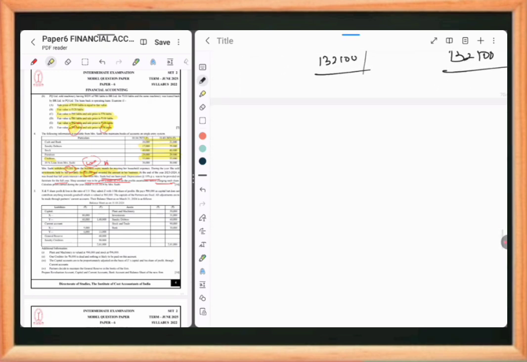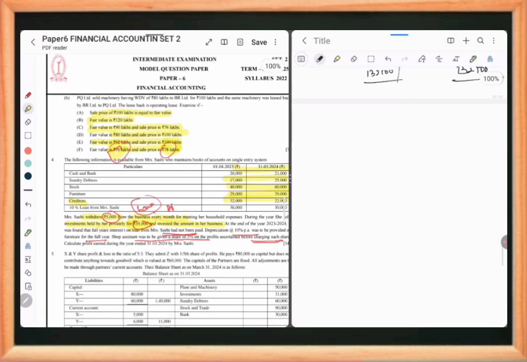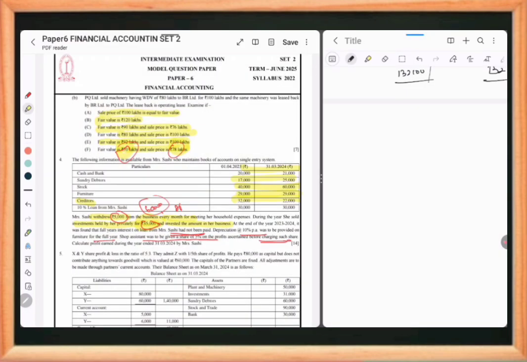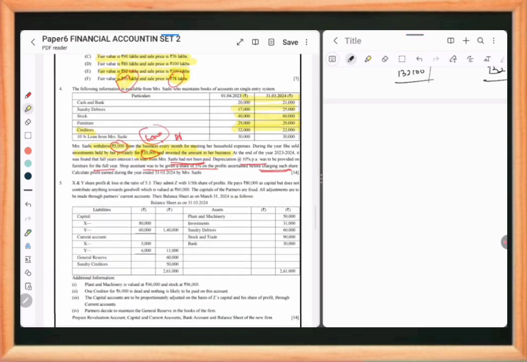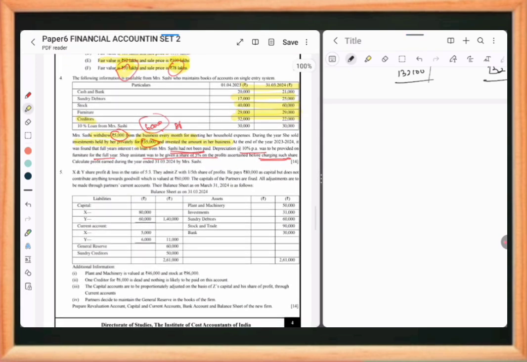Next question is, here X and Y share profits and losses in the ratio 5:3.